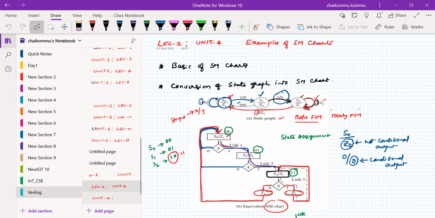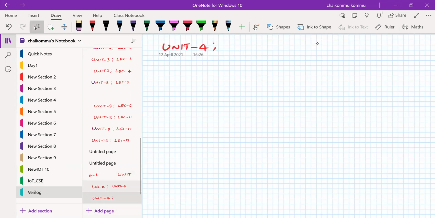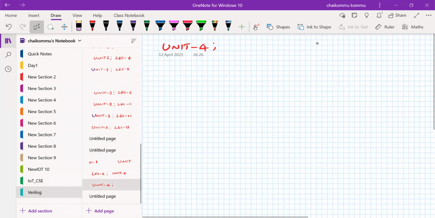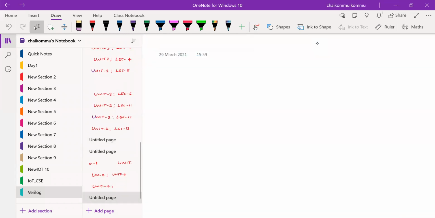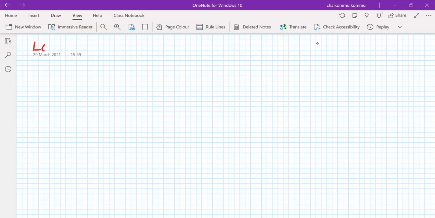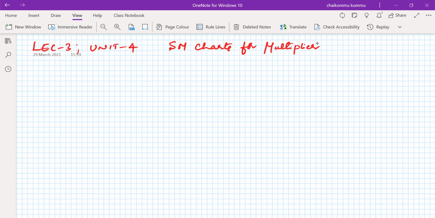Trees. Some charts for multipliers that we will see.